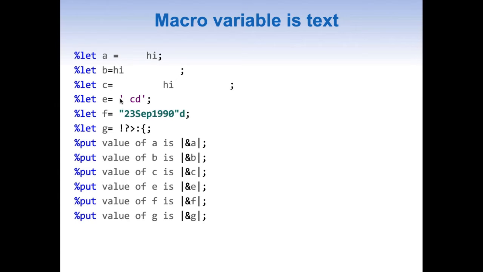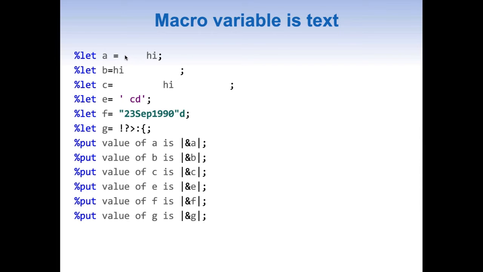I also have three other macro variables that I am creating with something other than what we generally think of as text. I have quotes here, I have double quotes here, I have some symbols here. The important point to remember is whatever you have will be stored as such. It's not going to resolve into something else. It is plain text and it comes out as text when you resolve it.